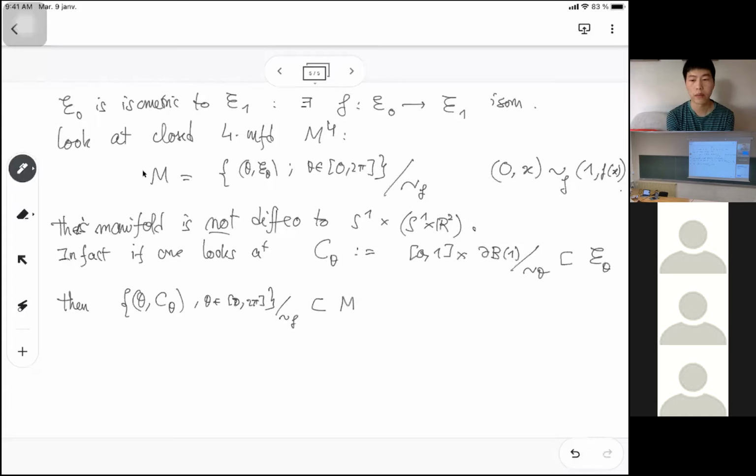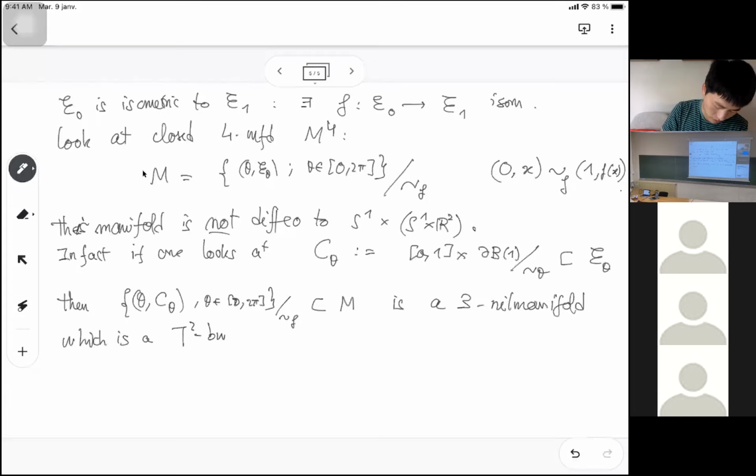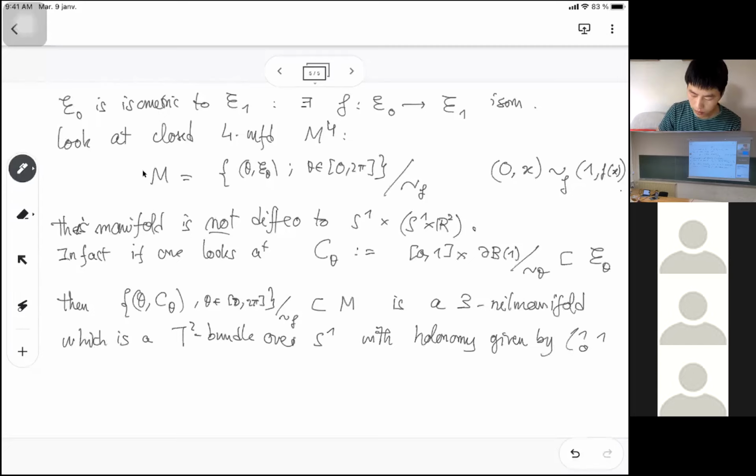It's a 3-dimensional manifold. And in fact, it's a 3-dimensional manifold which is a T2 bundle over S1, with holonomy around S1 given by this nilpotent matrix.